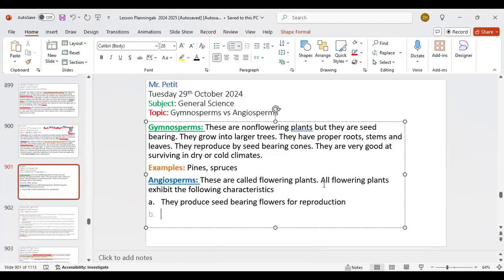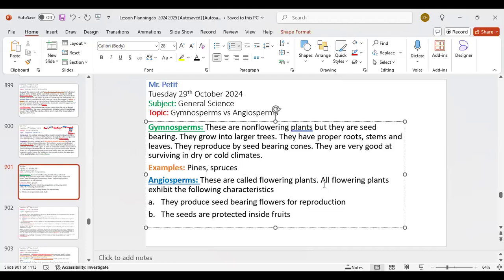What else? The seeds. They have a well-developed vascular system. The seeds are protected inside what? Inside fruits. Yes. The seeds are protected inside fruits.